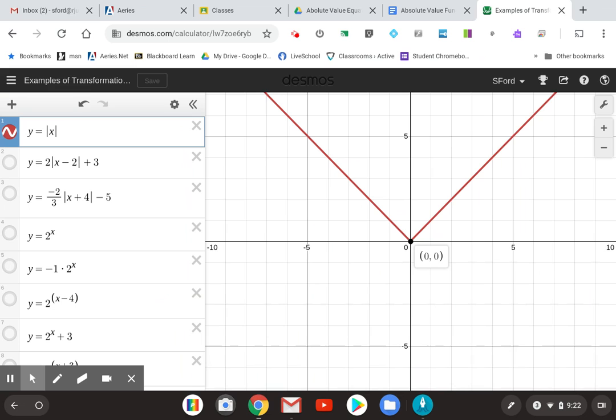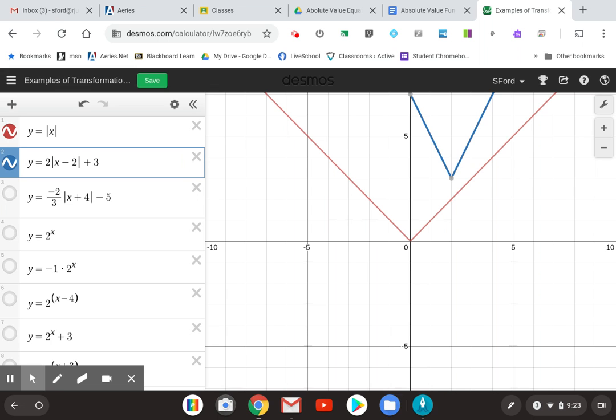The minus 2 means it's going to go to the right 2, and it's going to go up 3. You're always looking at your vertex. From the red graph to the blue, it went to the right 2, up 3. Pretty cool.